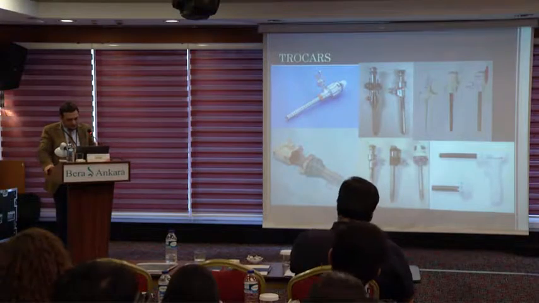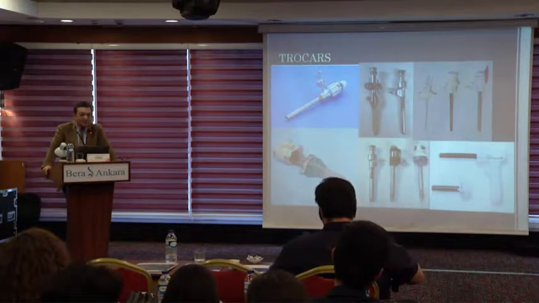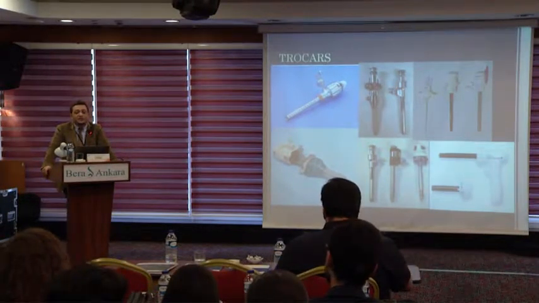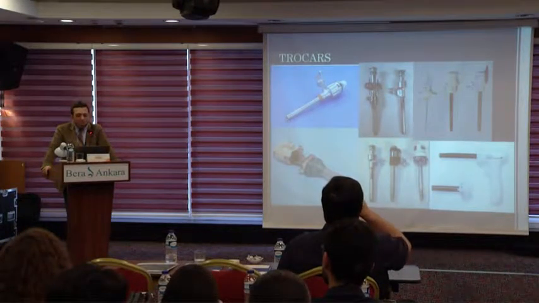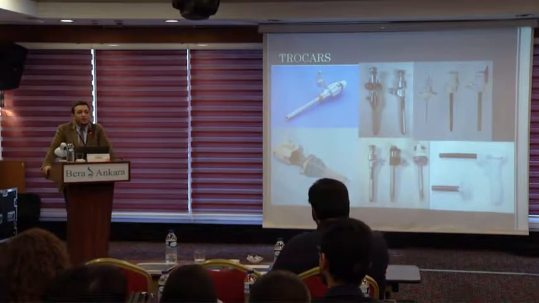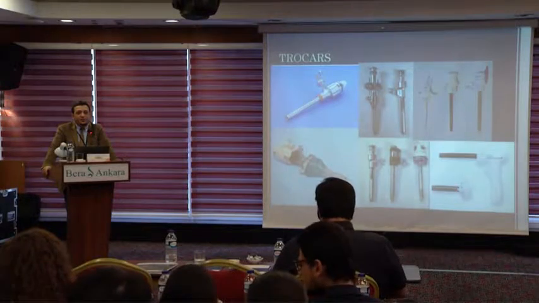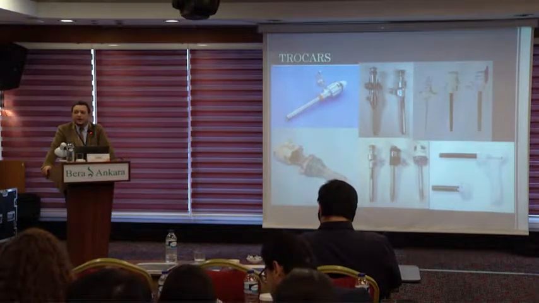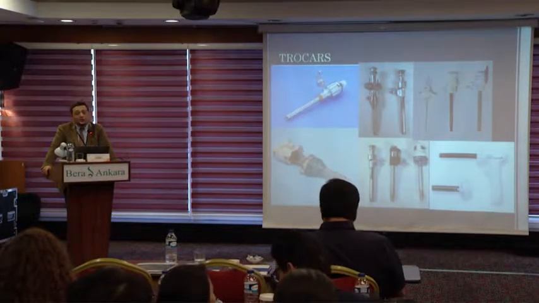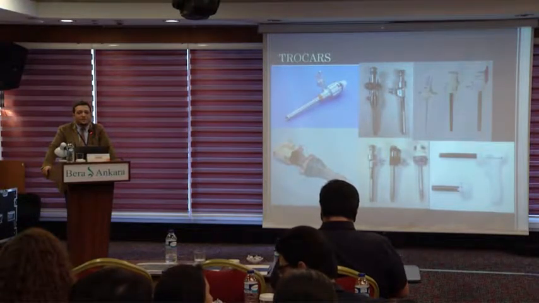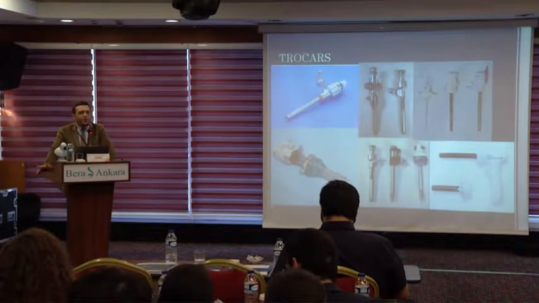There are a lot of kinds of trocars with advantages and disadvantages, in reusable and disposable form. Reusable ones are generally made of metal and they are heavy, and during the procedure you feel it in your hand because of your movements.